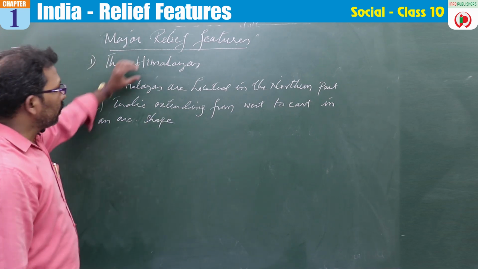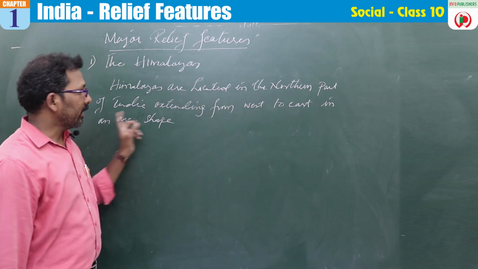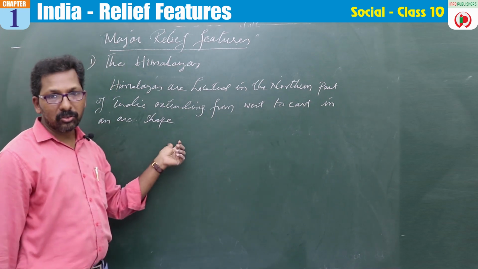So these Himalayas are located in the northern part of India, extending from west to east in an arc shape.